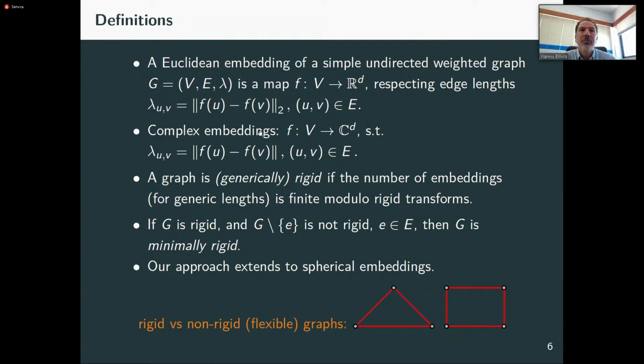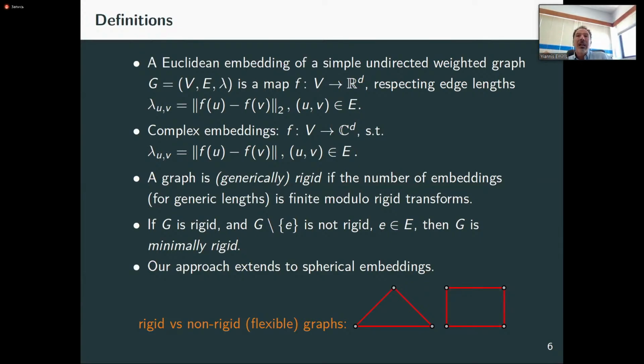So this is my first bullet. It says that an embedding is a map that sends vertices to points such that the Euclidean distance of the embedded vertices equals the weight lambda of the corresponding edge whenever this edge was given in my initial graph.